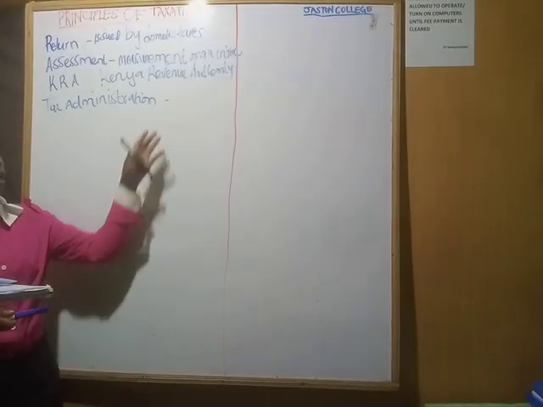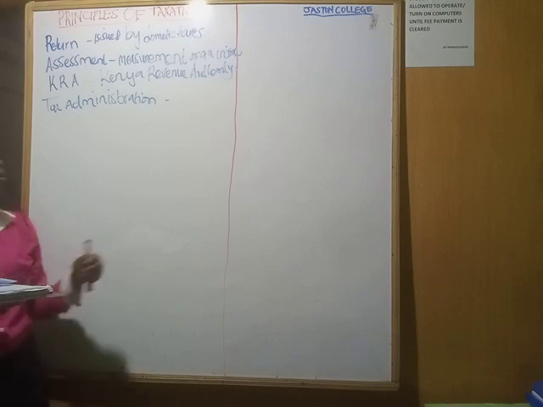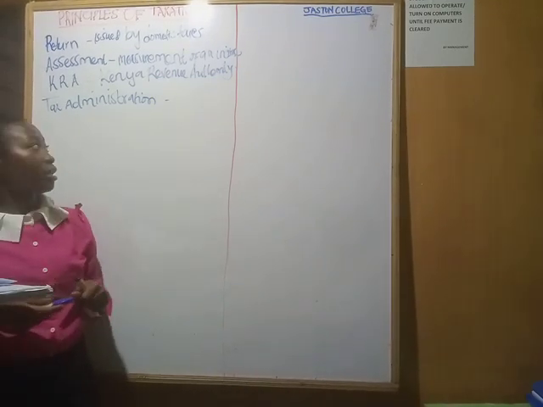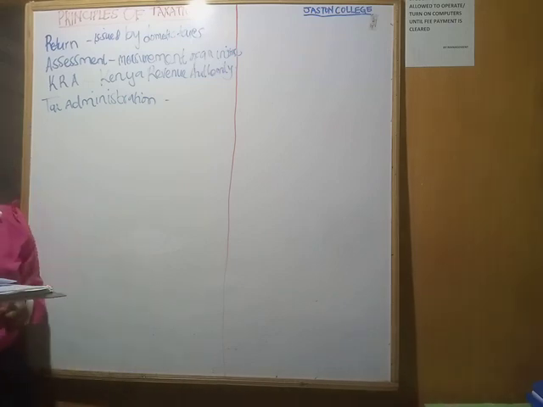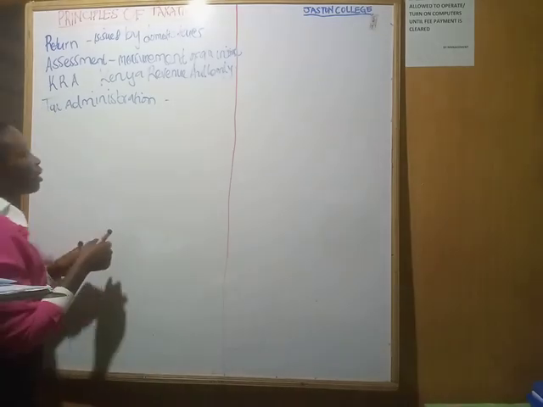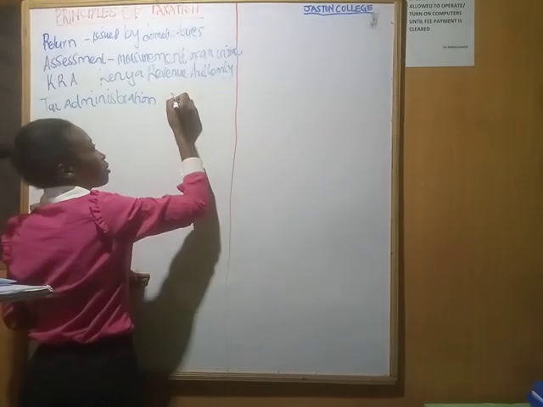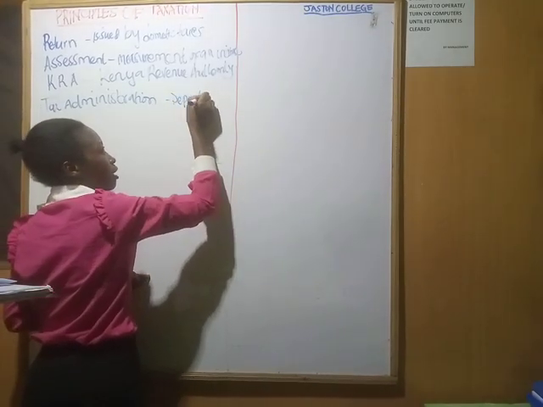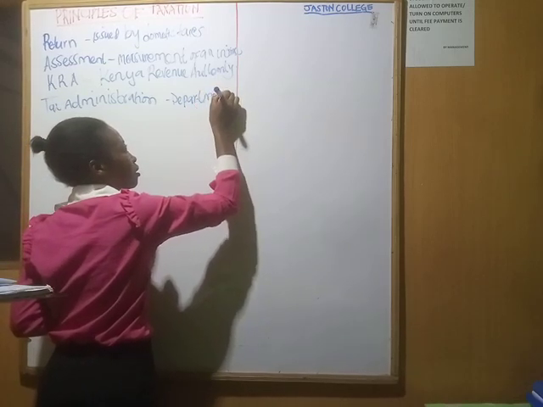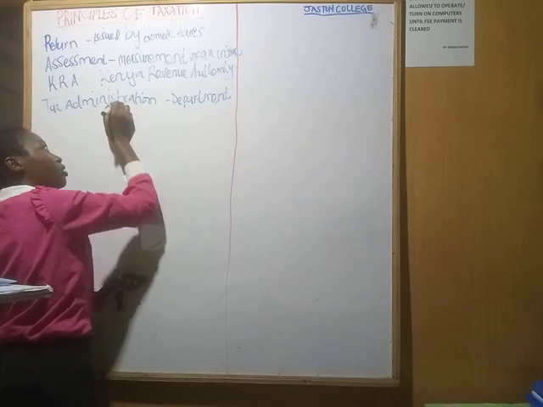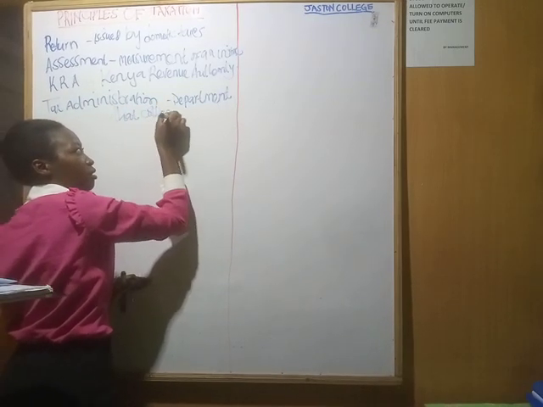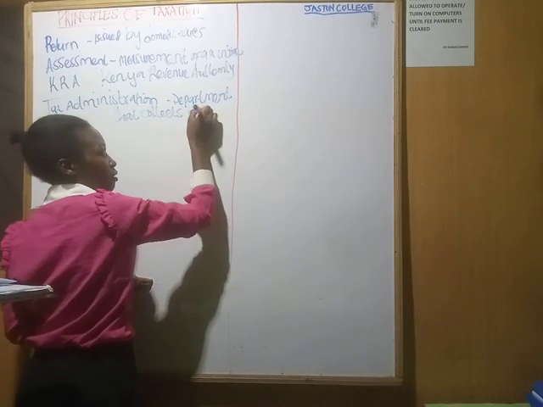So the department which has the role of collecting the taxes is the one which administers the tax collected. So this administration is the department that collects taxes.